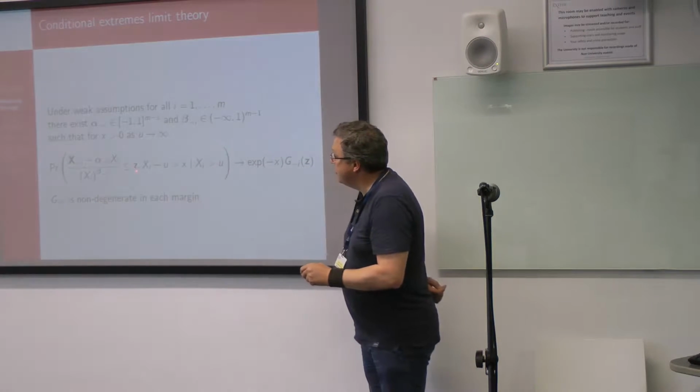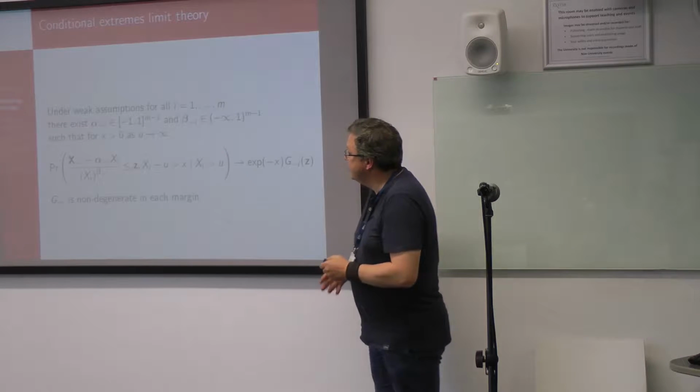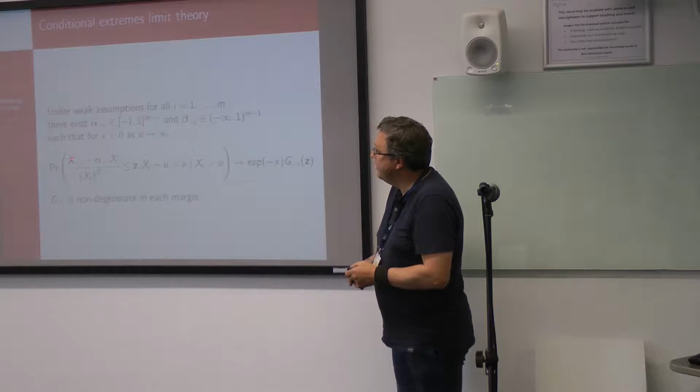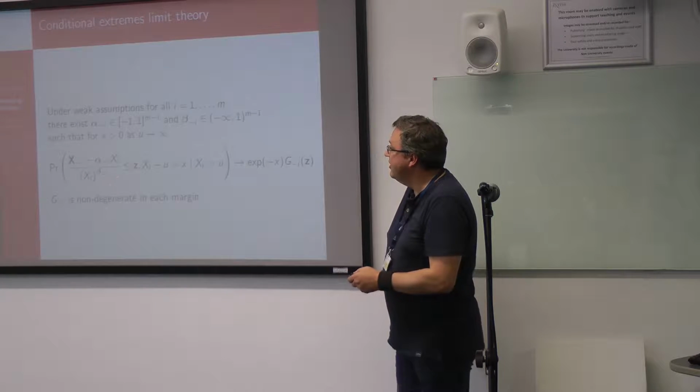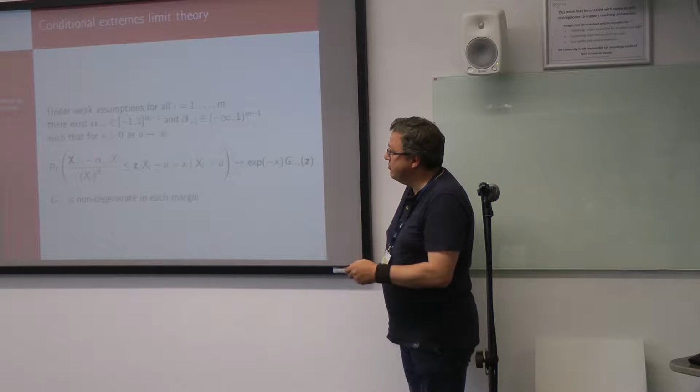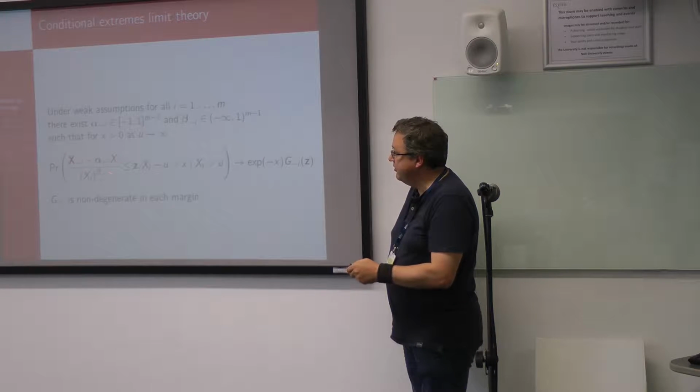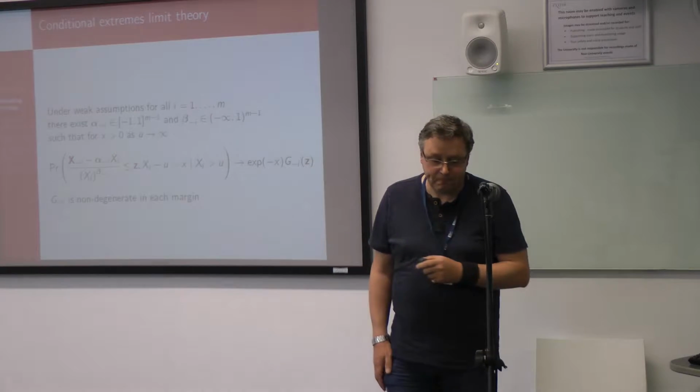The subtlety of this comes in this part here, which says that if I take the rest of my variables, leaving out the ith one, I can normalise that in some way depending on the one I'm conditioning on, in a linear way, and then scaling in a powered way, such that this joint vector variable, in the end, converges to a non-degenerate limit.